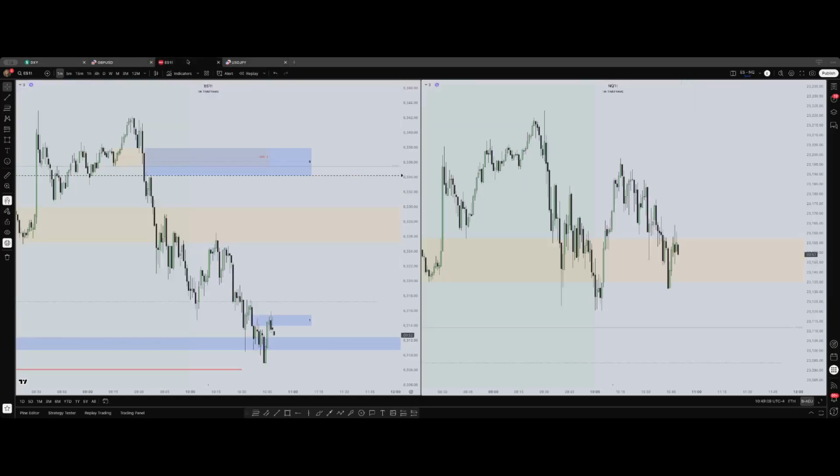GBP, yes. This imbalance is acting like resistance, sorry. So far so good. We have an imbalance also here. Price is respecting it.